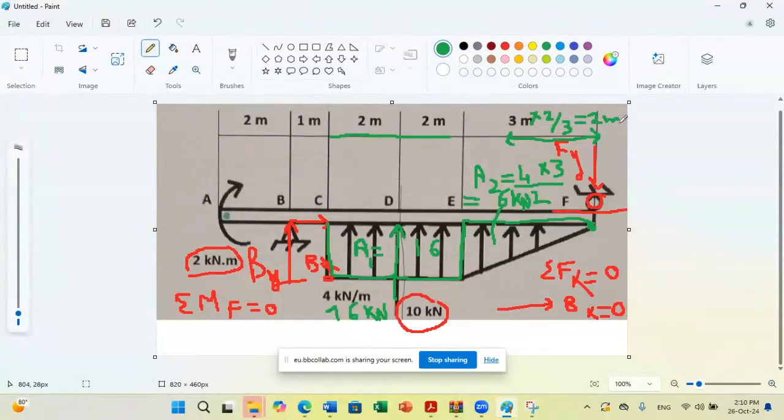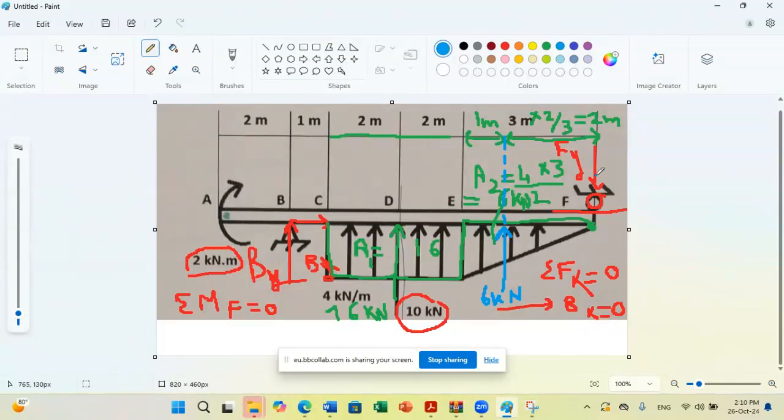And this distance from the centroid to the base is 1 meter. So if I want to replace the triangular load by one concentrated force, it should pass through this level. Okay, so this is my triangular force equal to 6 kilonewton.